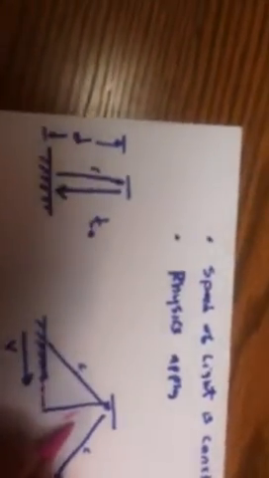So this distance right here comes from the velocity, which is the speed of light, times the time, t naught. But it's actually half of that, because this goes up and then comes back down. So this is 1/2 the speed of light times t naught.